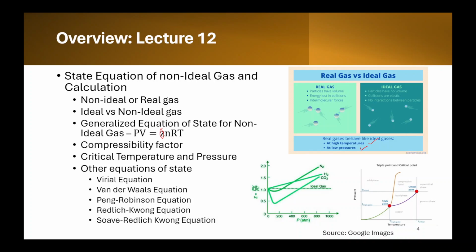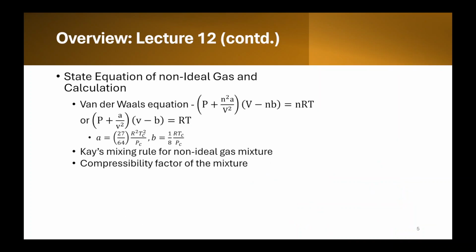Then we studied the other equations of state such as the virial equation, van der Waals equation, Peng-Robinson equation, Redlich-Kwong equation, and Soave-Redlich-Kwong equation. The van der Waals equation is given by this relation. Here this term is added to the pressure and this term is removed from the volume.